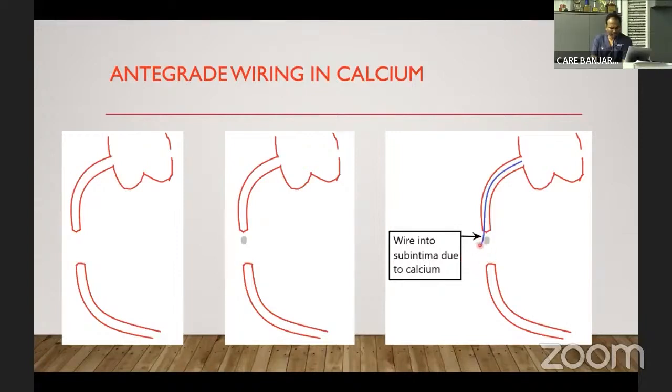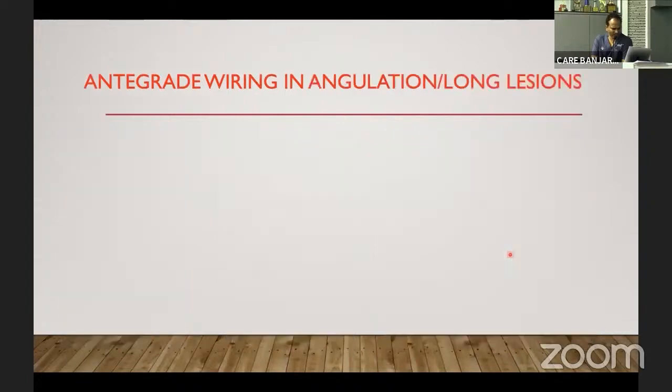So the chances of ending up in an extra plaque area, that is a subintimal area, increases. Even in a short CTO, calcium sitting in the CTO body will spoil your antegrade wiring. So you need to have re-entry methods in such cases.